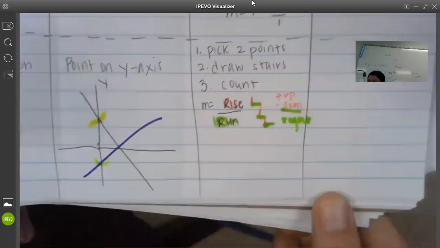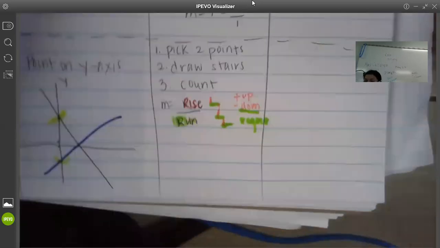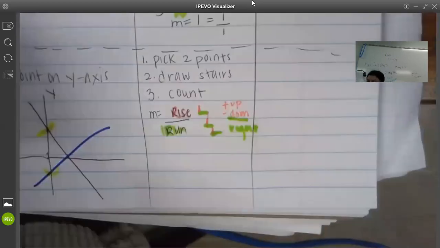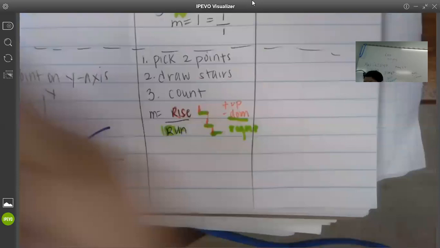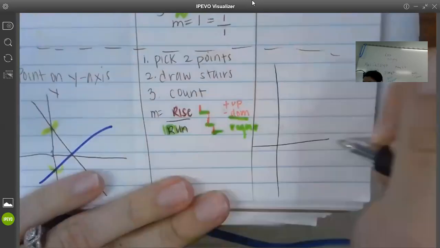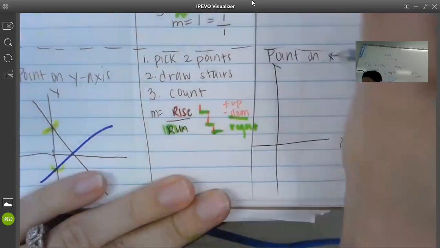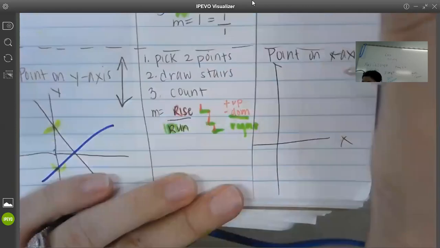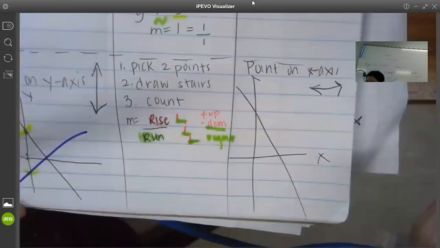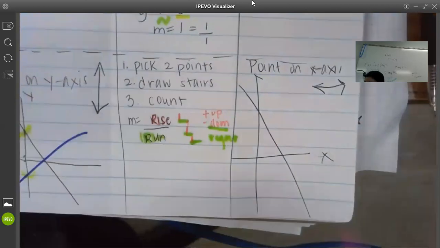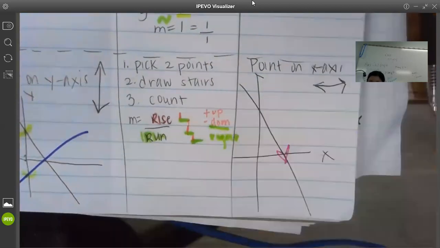The X-intercept is one of those that you just look at, and it's just wherever it crosses the x-axis. So I'm going to draw this again. Here's the x-axis, a point on the x-axis. The y-axis goes like this. The x-axis goes like this. So I have a graph there. It crosses right here. That's my x-intercept.